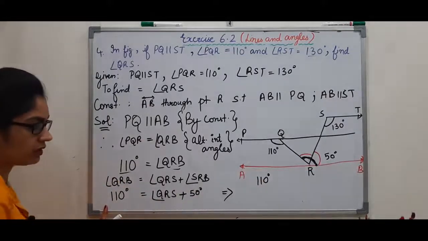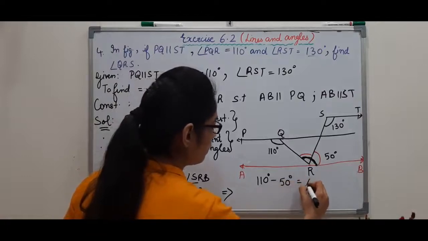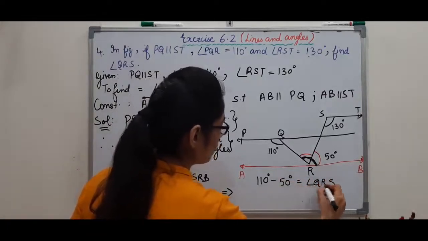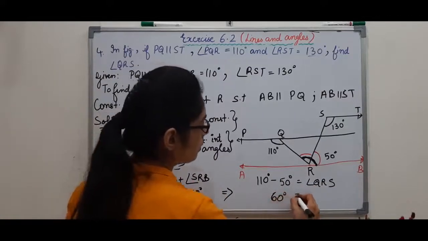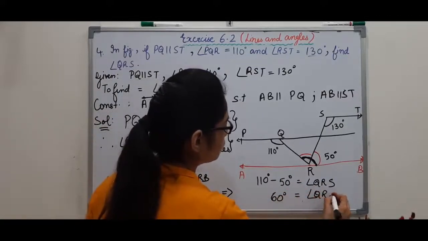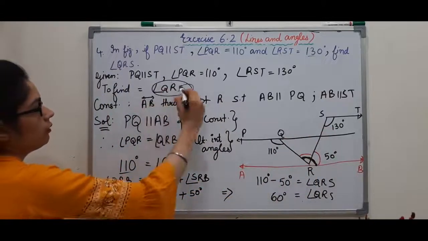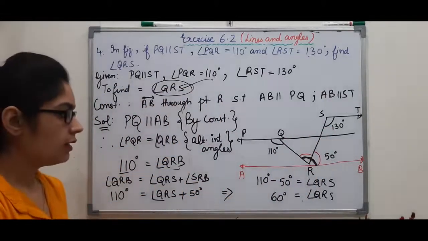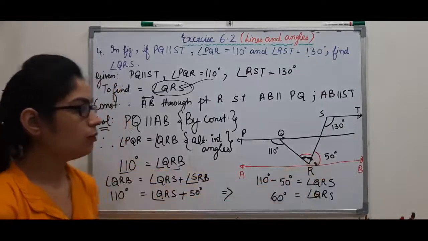This is plus 50; on changing the side, it will be changed to minus 50, equal to angle QRS. So 110 minus 50 is equal to 60 degrees, equal to angle QRS. So angle QRS, which was our requirement, is equal to 60 degrees. So we have found the value.